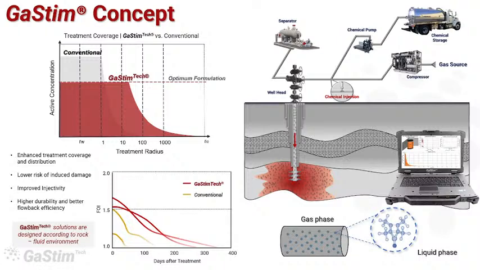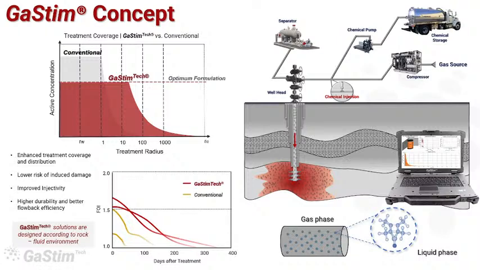Another characteristic and advantage of implementing a GaStim type treatment is that we will have an improved injectivity. This is especially useful for low permeability formations and low porosity formations where the pore diameter is very small.